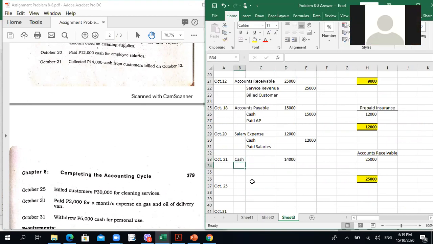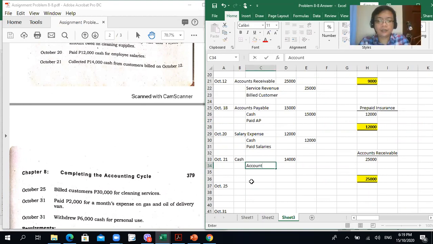What is the credit? AR. Very good, it is accounts receivable. Don't get confused, you might reverse it. Accounts receivable worth 14,000. So meaning you collected cash from your customers.